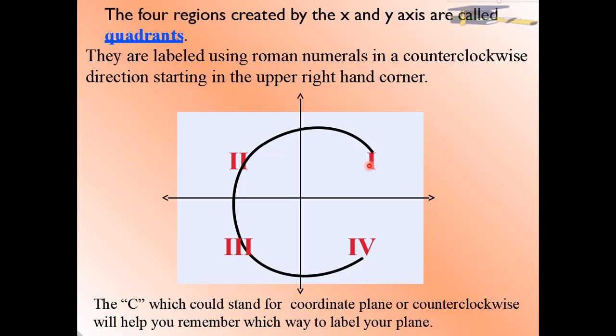Now, in our quadrants, we go from right to left around the clock, in the same form as a C shape. The 4 quarters, we call them quadrants. The word quadrant is another word for quarter, right? So the first quadrant, the second quadrant, the third quadrant, and the fourth quadrant, in the form of a C shape.